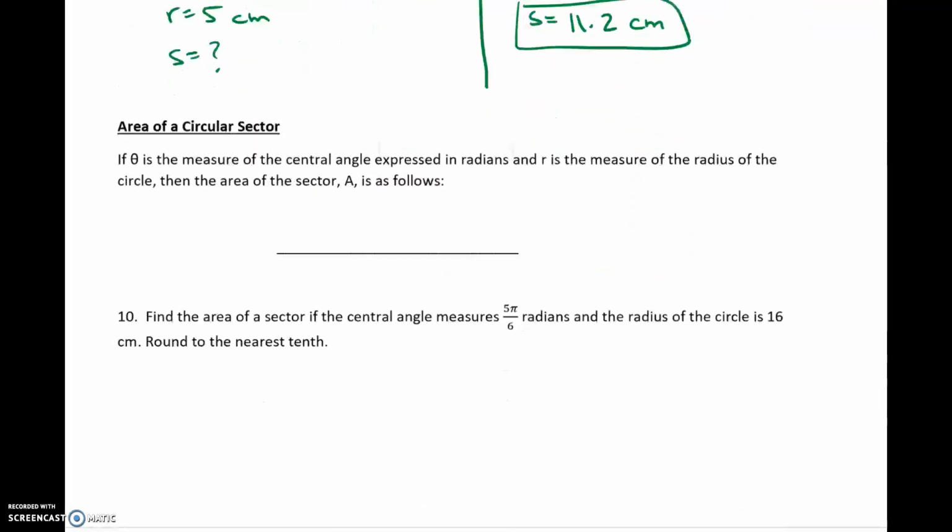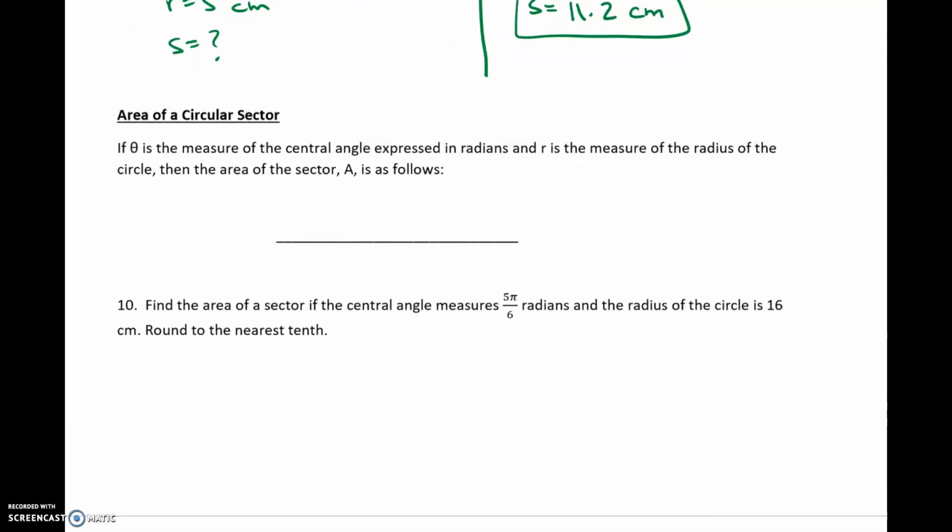All right, the other formula that I want to introduce is your area of a sector. So first of all, I want you to remember, if I have a circle, a sector is simply a piece of that circle. So this right here would be the area of a sector. So what is the formula we're going to use for area of a sector?